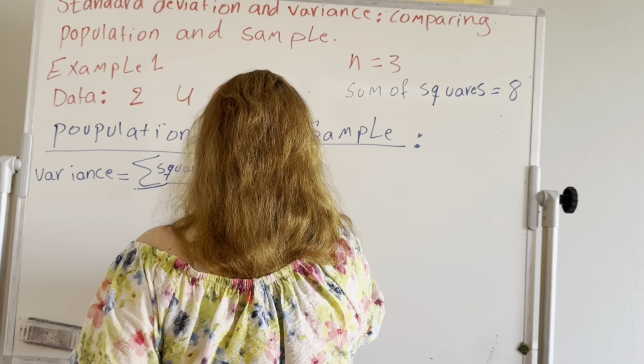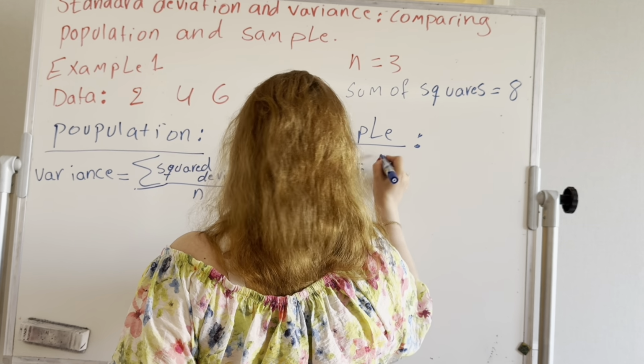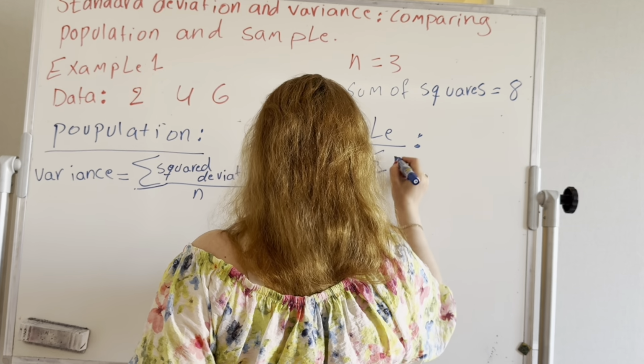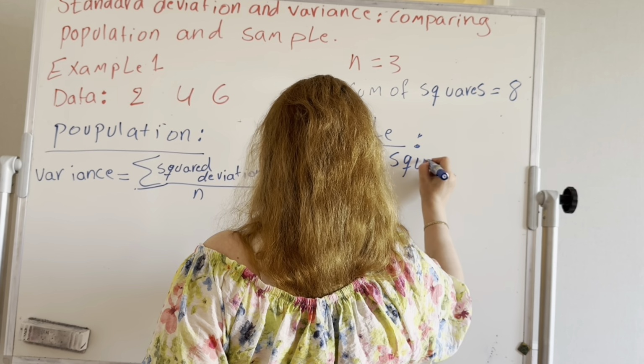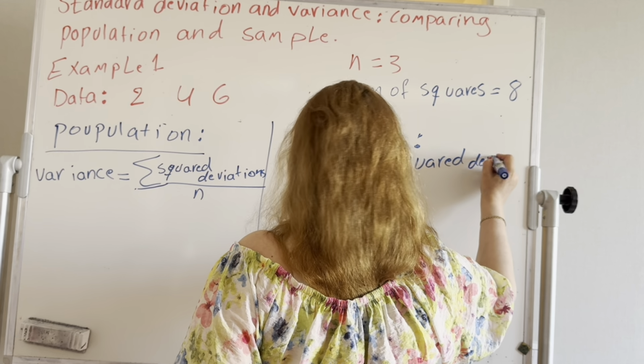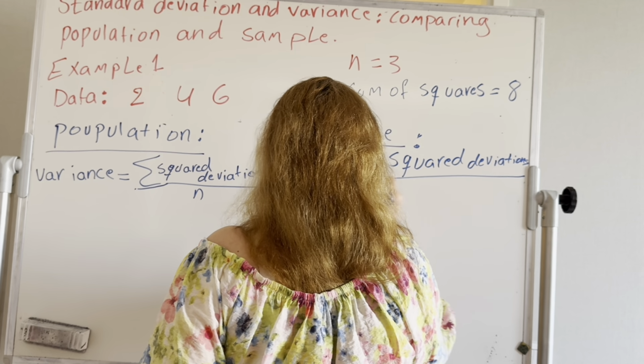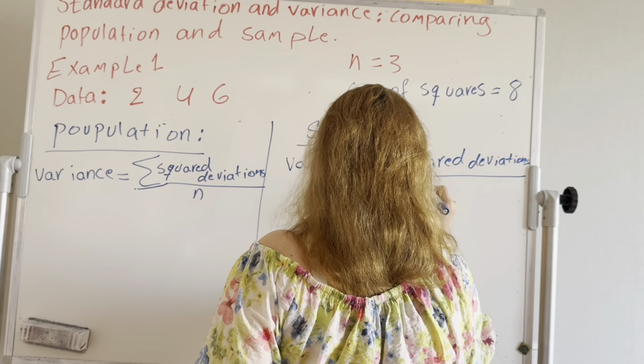Sample variance equals the sum of squared deviations divided by n minus 1.